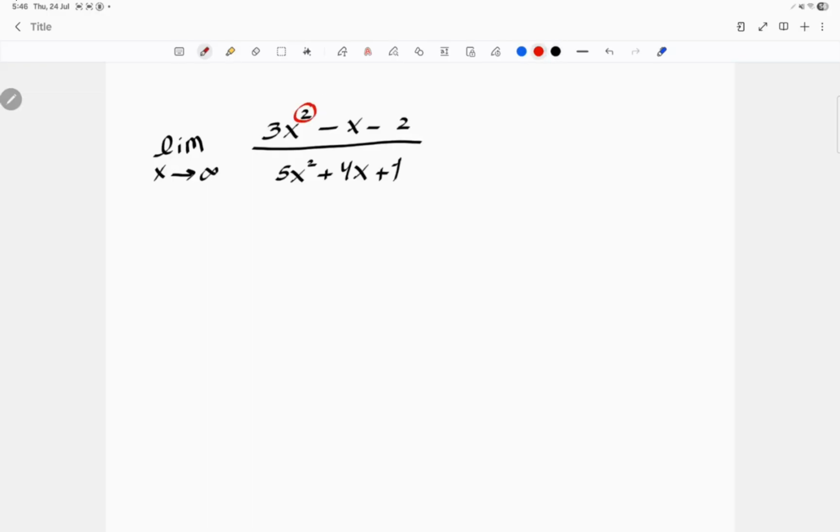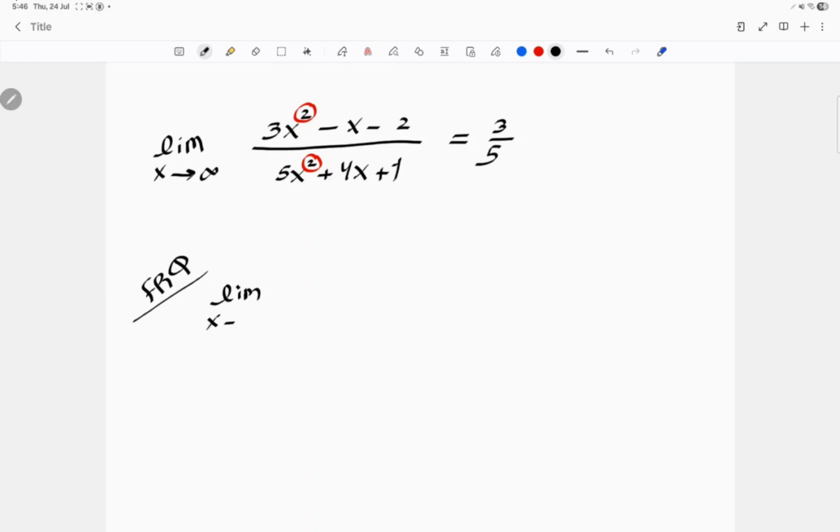If they match, which they do, just divide their coefficients by each other. So 3 over 5. That's it? Yes, but that's only for the MCQ. For the long question, you must actually show the work by dividing every single thing by the highest power of x in the bottom, which is x squared.